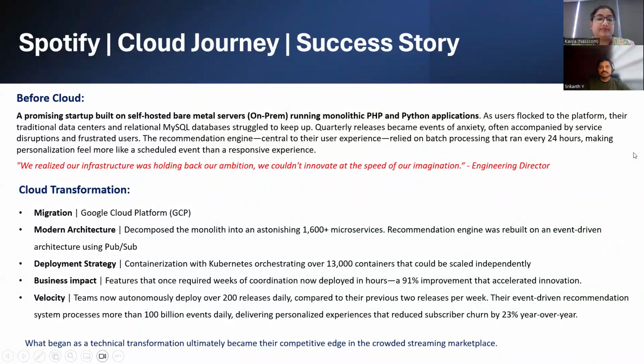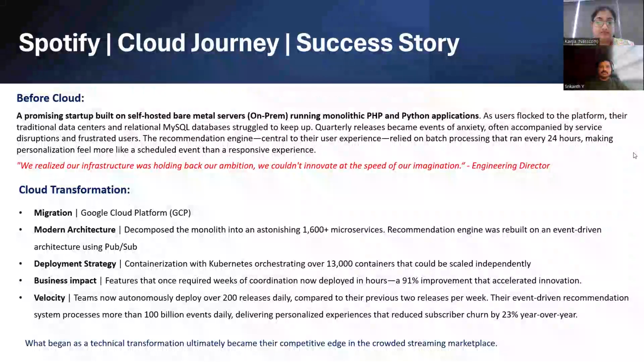This is Spotify's journey. They were a startup, and when you are a startup, you can't have heavy investment. So they started very basic with bare metal servers, which is largely on-prem, could be a locally hosted data center, or something available within their region. They were largely running monolithic PHP and Python applications.